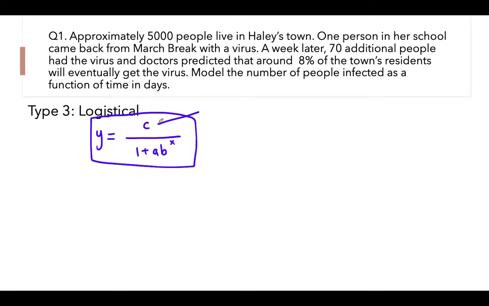So C is called the carrying capacity. Carrying capacity in this case, we know that it's going to be 8% of 5,000 people. So the carrying capacity we're looking for is 400. And same thing, we're going to use the same points (0, 1) and (7, 71).